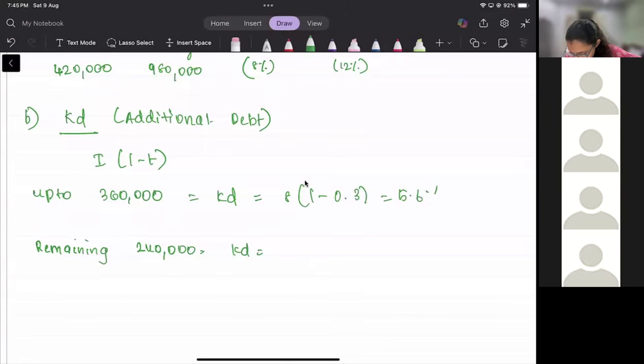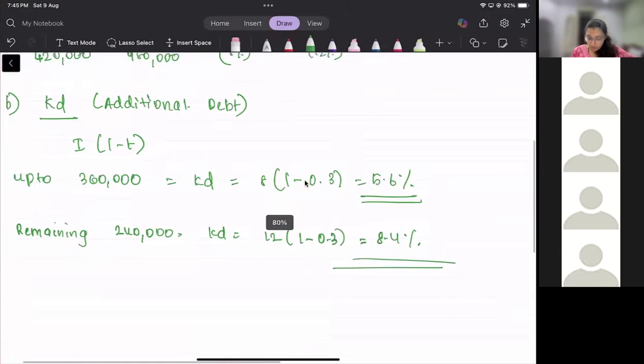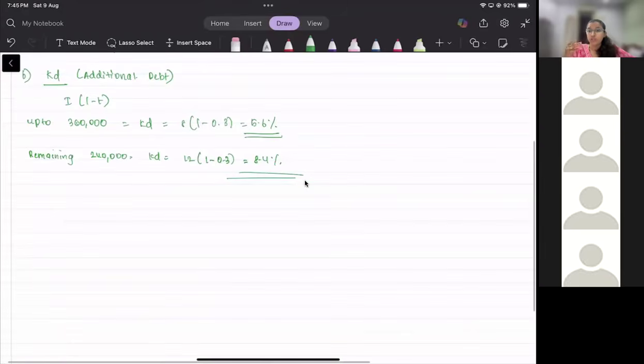You will get it as 5.6. Correct? But since they have asked for what is the cost of additional debt, we have to tell it in total. This is for up to 3 lakh 60,000, this is the cost. And for the remaining 2 lakh 40,000, 8.4 is the cost.